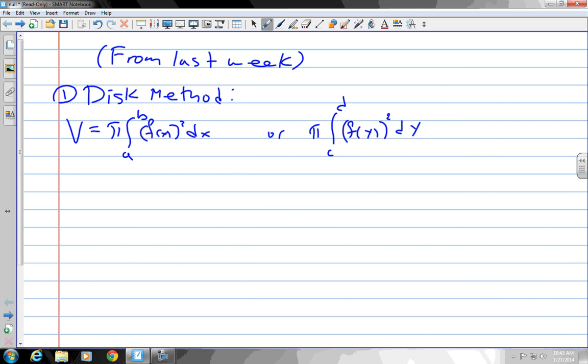And this was rotation around the x-axis, and this was rotation around the y-axis, right? That's what we kind of agreed on.